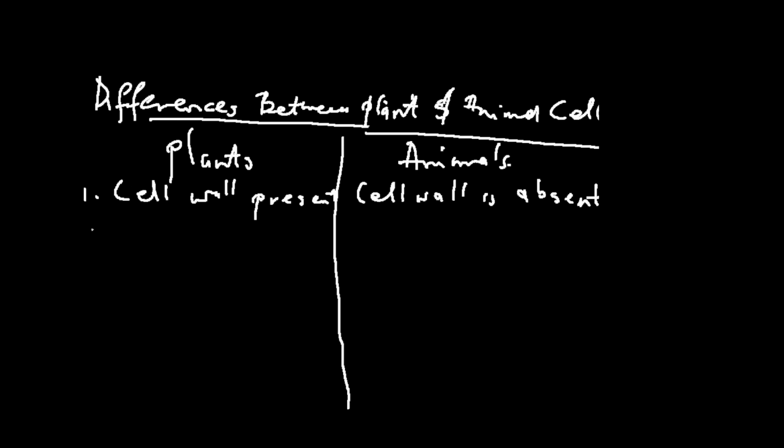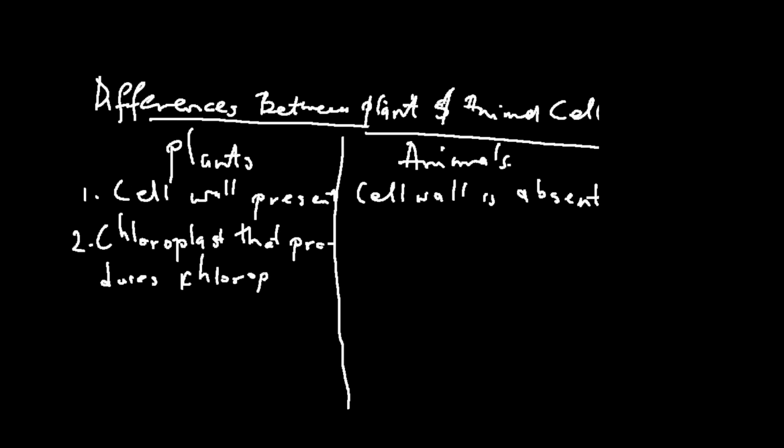Another one, the second difference between plant cell and animal cell, is that plants have chlorophyll. They have chloroplast that produces chlorophyll.